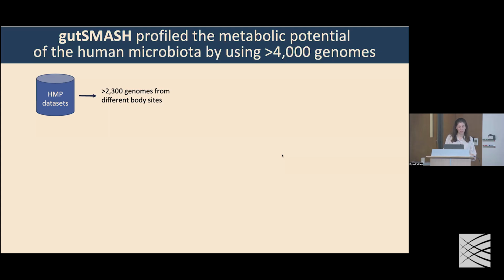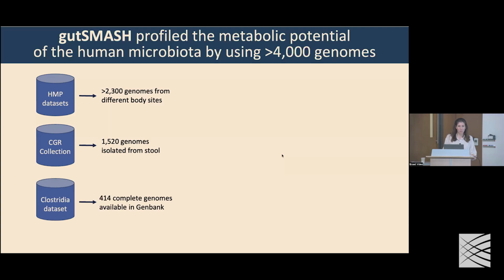More than 300 genomes came from the HMP dataset. Then we also took the CGR collection genomes that were isolated from stool. And then we also included an extra set of Clostridia genomes to account for their variability.